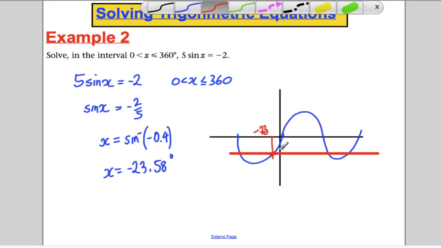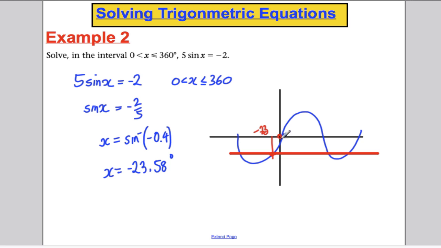So we are 23 degrees back from a root here, so we're going to be 23 degrees that way from a root and 23 degrees that way from a root. That root's at 180, that root's at 360. So therefore, x is going to be 180 plus 23.58 degrees, and it's going to be 360 minus 23.58 degrees.